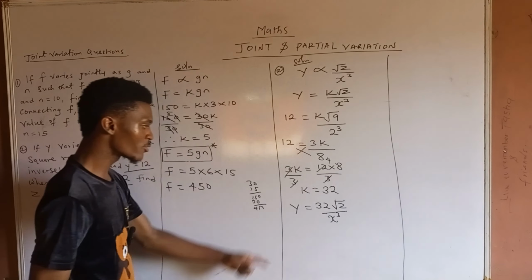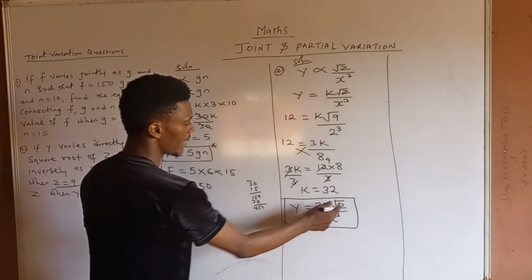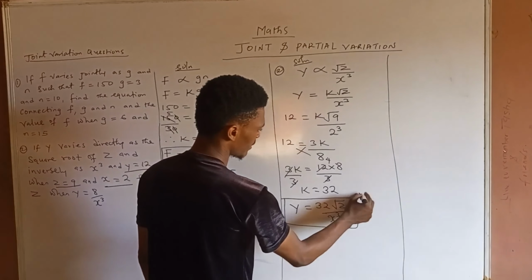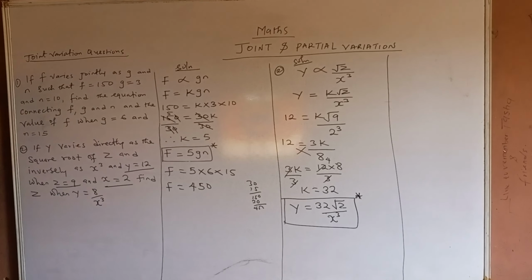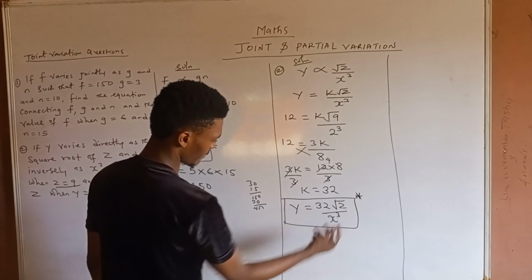All right, so this is the formula that is showing the relationship among y, z, and x. So very, very important. Then we are told in the question to find z when y equal to 8 over x cubed.